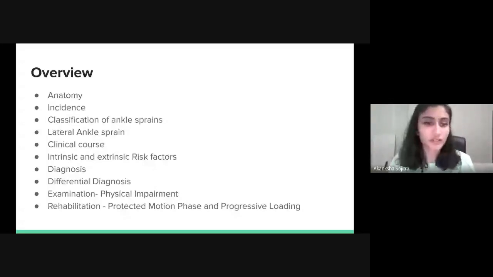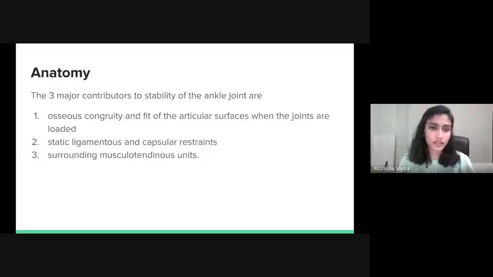Anatomy: we all know the ankle joint is stabilized by three main things. First, the osseous congruity and the fit of articular surfaces when the joints are loaded, that's our tibia and your talus. Second, the static ligamentous and capsular restraints, the lateral and medial ligaments and the capsule.